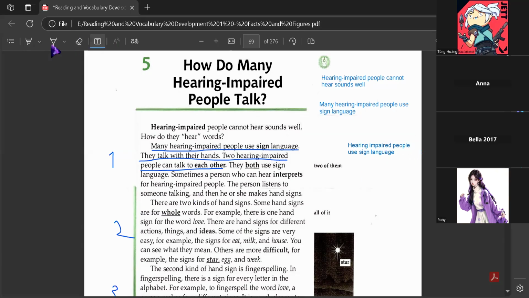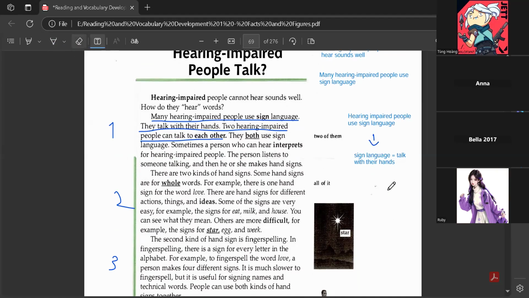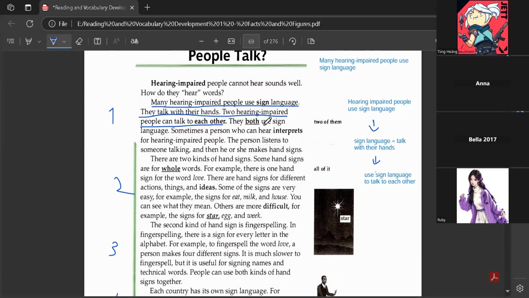There's an arrow here: sign language is talking with their hands. And there's another arrow: use sign language to talk to each other. We can combine three or four sentences into one.